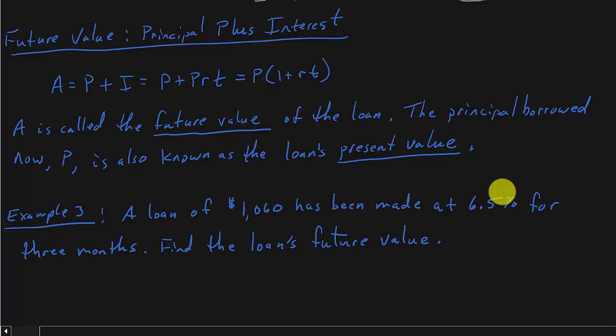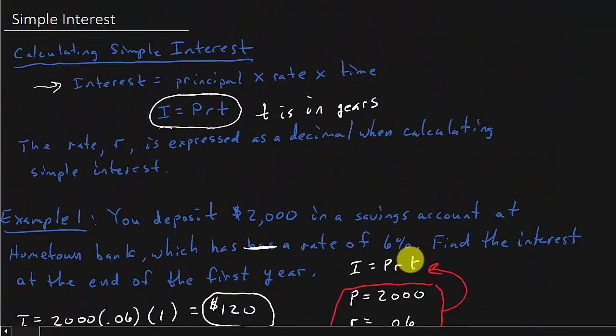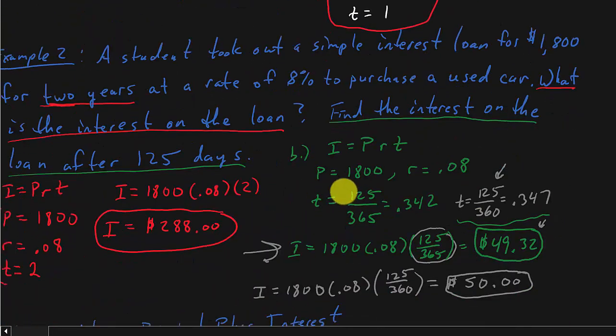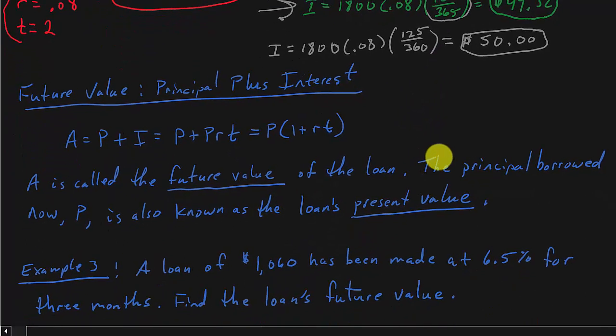So what we did up here in this problem, we calculated the interest on the money you borrowed. What we're doing down here with this future value is instead of just calculating the interest, they want to know, you borrowed some money, what's the total amount that you have to pay back?